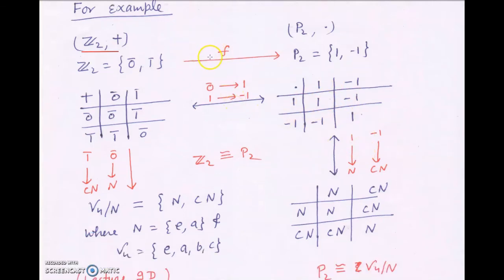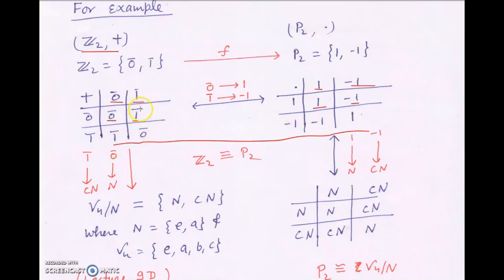Now if we define a map F from this group to this group such that F of 0 bar is 1 and F of 1 bar is equal to minus 1, then you can see that in place of this 0 bar you will write 1, in place of this 1 bar you will write minus 1, and so on.